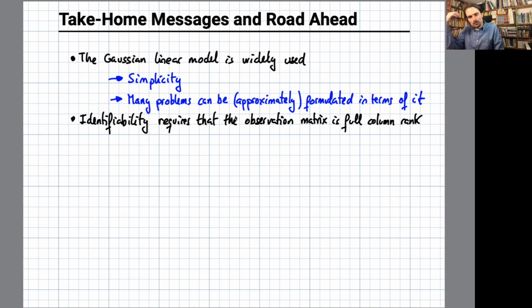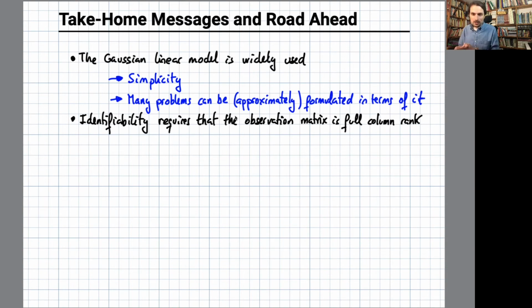We introduced the notion of identifiability. We said that a parameter is not identifiable if the distribution of the data is the same for different values of that parameter. This is a concept that applies in general in estimation theory, but we presented it today because in the context of the Gaussian linear model, it is easy to understand.